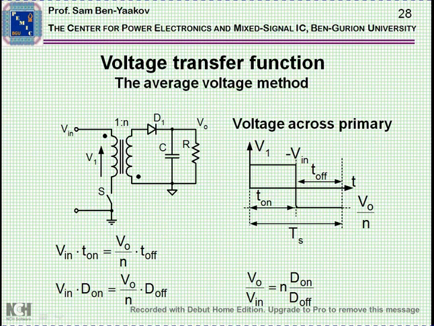Okay. Now, what will be the voltage gain of this stage? That is the ratio between V out and V in. Well, there are a number of ways to do it, and one is using the average voltage method, which states that the average voltage on an inductor, and in this case on any one of the windings of this coupled inductor, must be 0, because if not, then the average rate of change of the current will be non-zero.